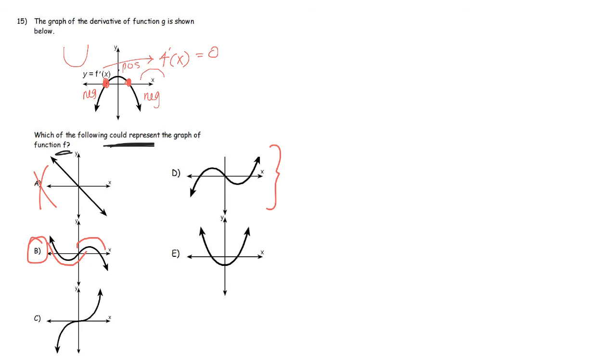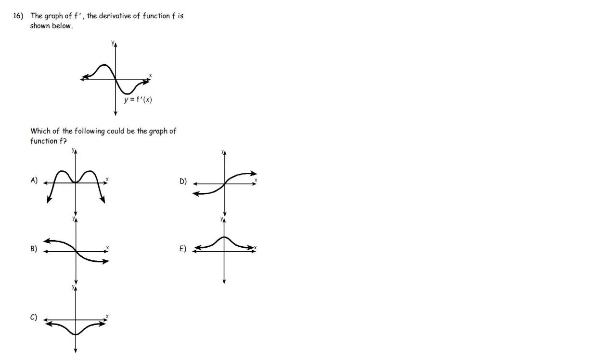All right, let's talk about the last one. And again, it's another graph. A little strange graph going on here, and we have the graph of a derivative. Let's see if we can do some investigating about this derivative. It looks like we have an x-intercept here, so I know f prime of x equals 0 there.